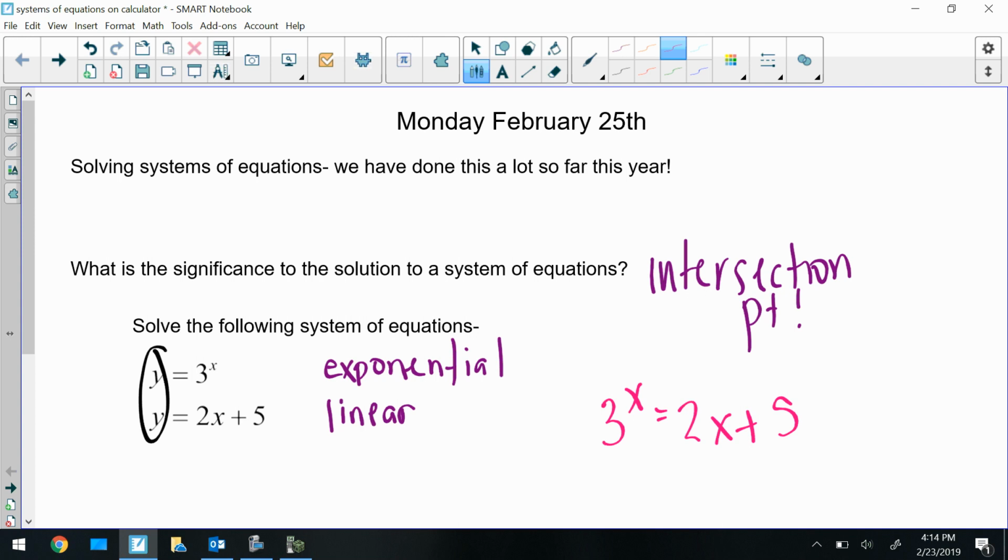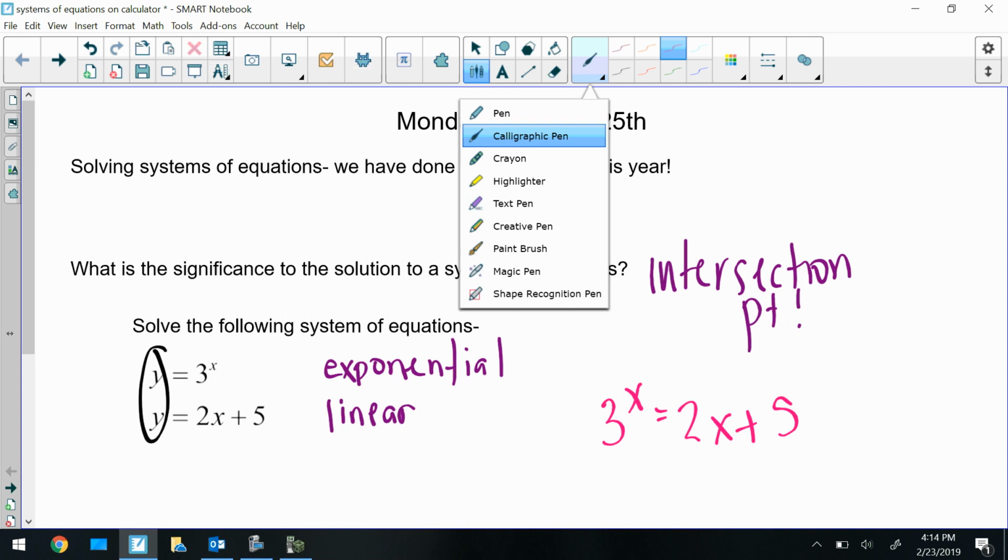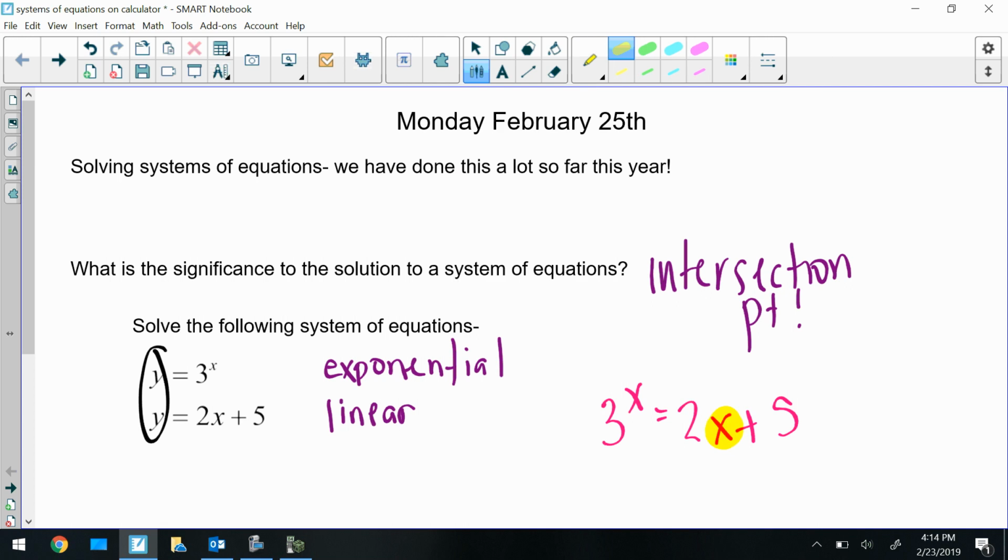Problem is, when we set them equal, you have an x in the base on one side, and on the other side of the equation, you have an x in the exponent. If you think, oh gosh, what do I do to solve this? You're probably in the same boat as everybody else.